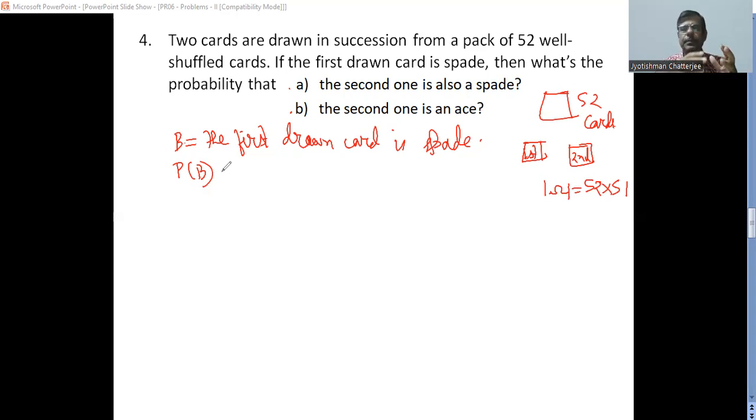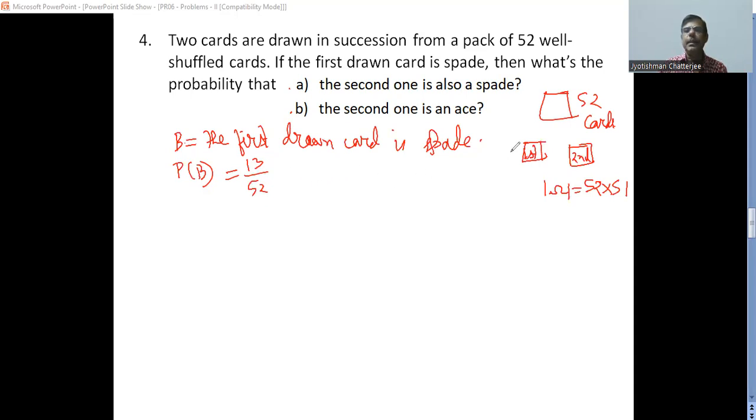Just considering the first card, the probability of B should be 13 by 52.